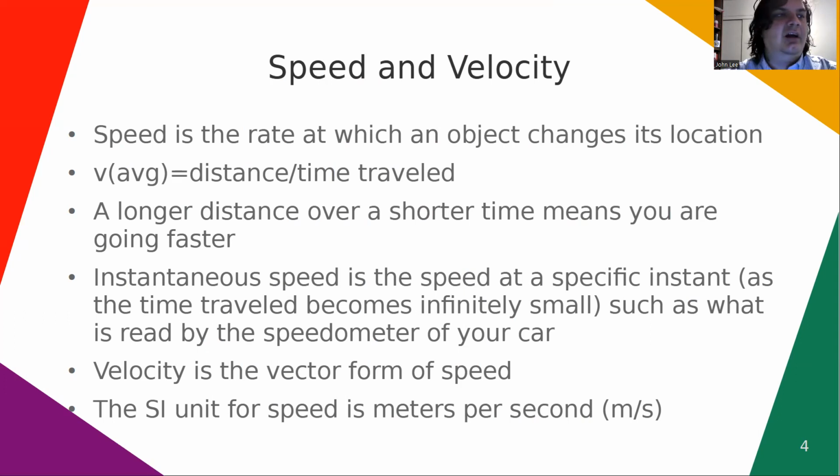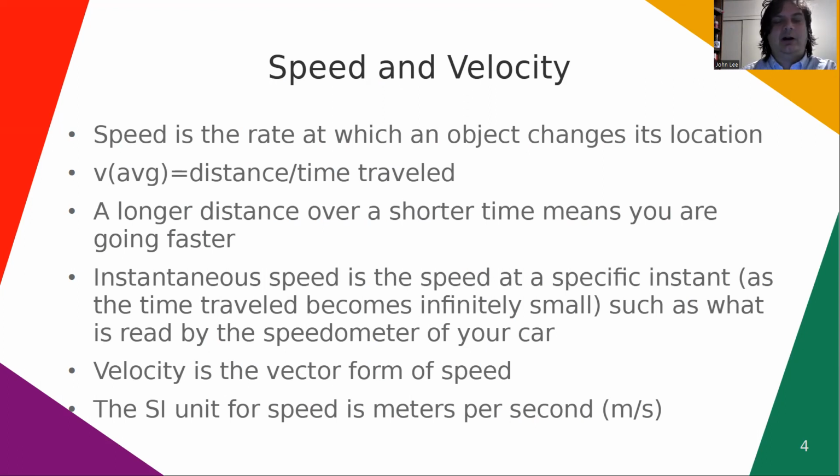But a lot of that would be a lot faster, so 60 or 70 miles per hour going down the freeway, and then as you get stuck in traffic, it could be about 2 or 3 miles per hour. So the instantaneous speed is the speed that you're going at that instant.